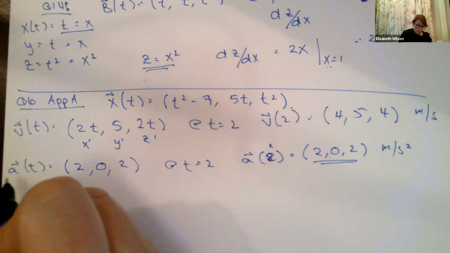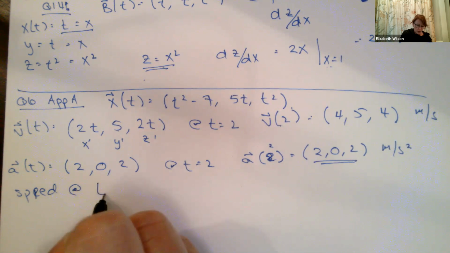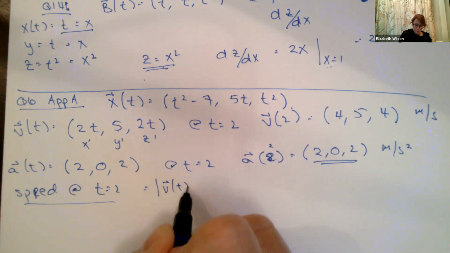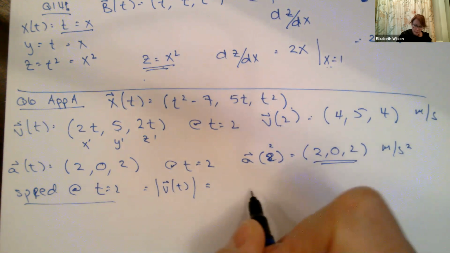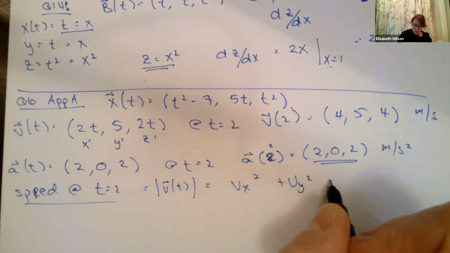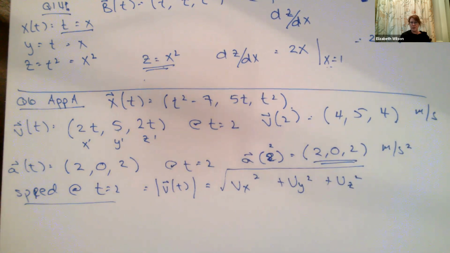Okay. Our speed at t equals 2. So speed is the magnitude of our velocity, which means I have to take each component, square it, sum it up, and then square root it. So my speed is always going to be a positive number. It's a magnitude.